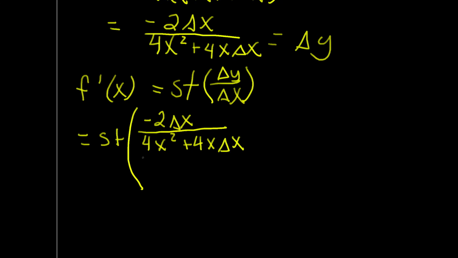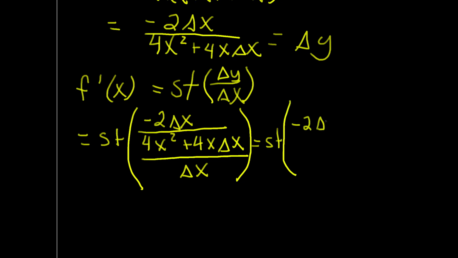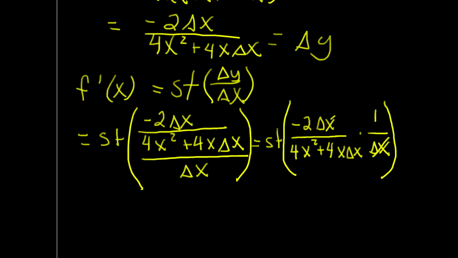And that whole thing divided by delta x, which is the standard part of negative 2 delta x divided by 4x squared plus 4x delta x times 1 over delta x. Of course, we get cancellation here, and I've got a 2 that can cancel there.